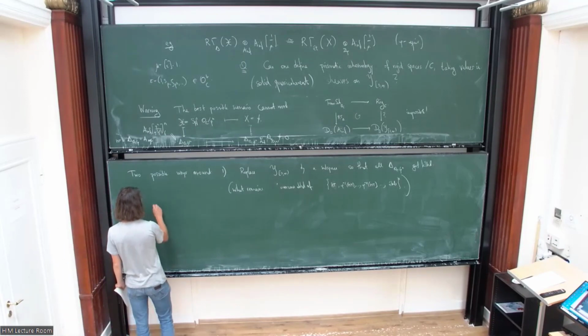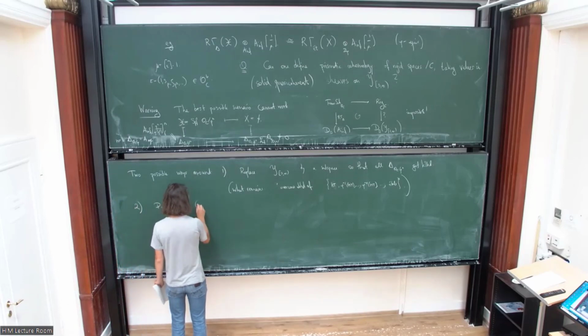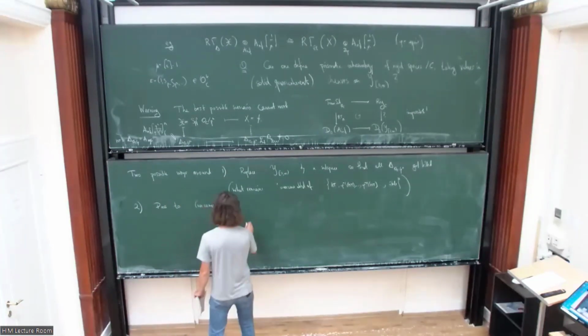The second is to pass to uncompleted colimits.